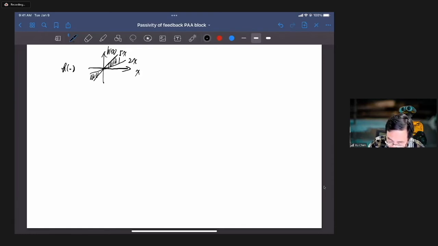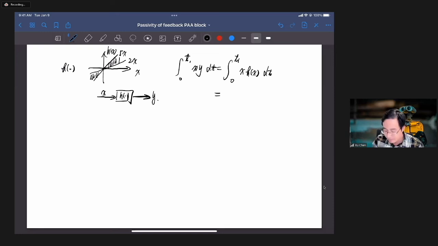If we consider, for example, x, the product between the input and output, it is going to be equal to the integral of x times h of x dt. And we can bound this very easily. It is going to be lower bounded by x times 2x, right?